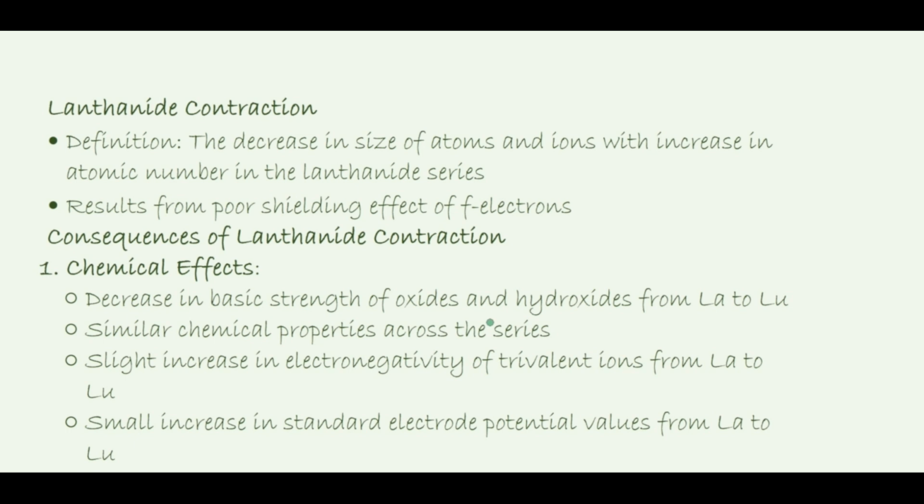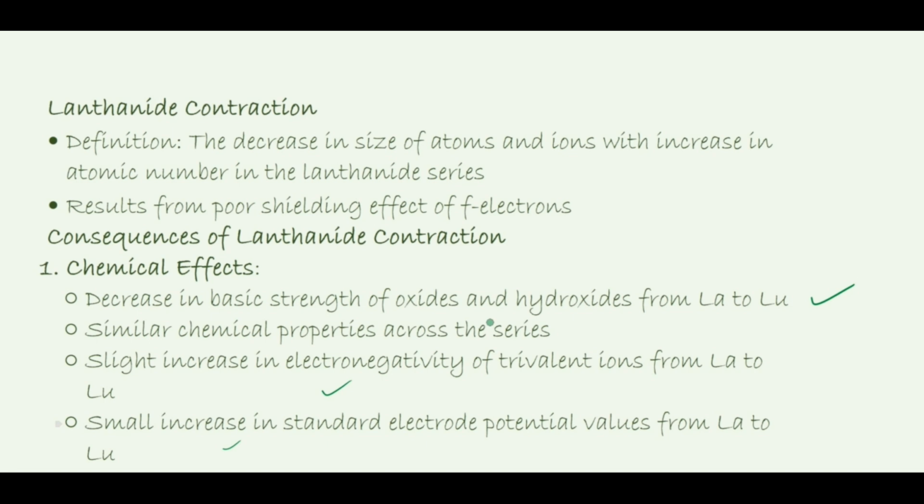So what will happen? It will decrease the basic strength of oxides, and the chemical properties will be similar throughout the series, with a slight increase in electronegativity for the trivalent 3+ ions and a small increase in standard electrode potential values from lanthanum to lutetium.